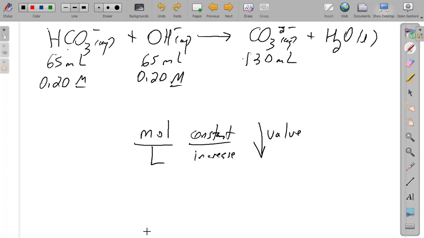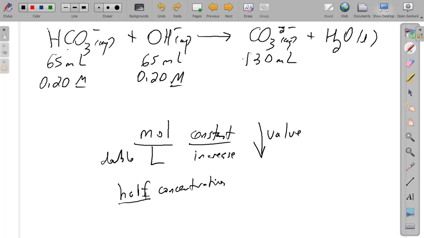Value decreases. If you double this volume, then you halve the concentration, because now you are dividing this constant number over double the denominator, which cuts it in half. Okay?